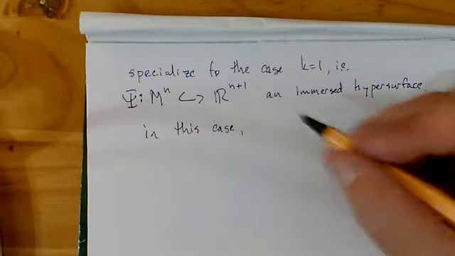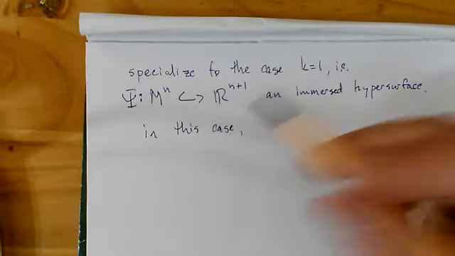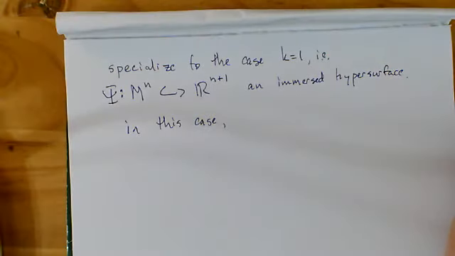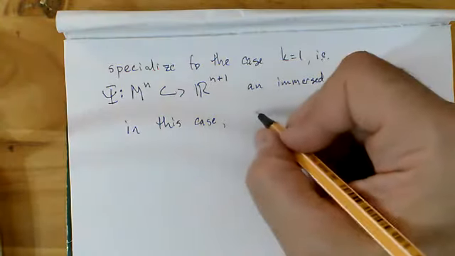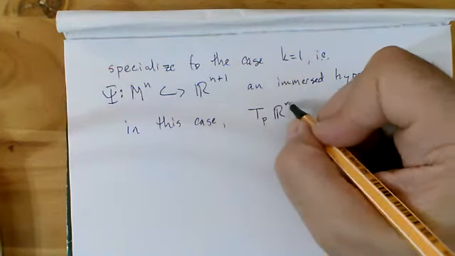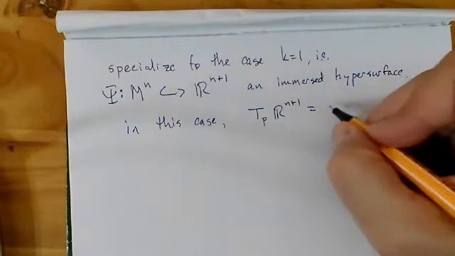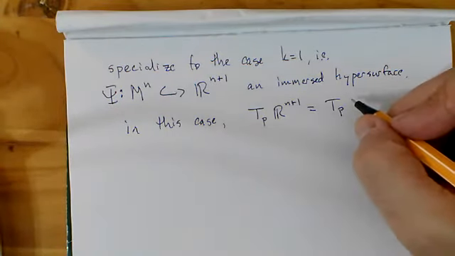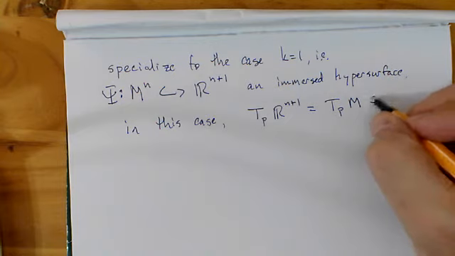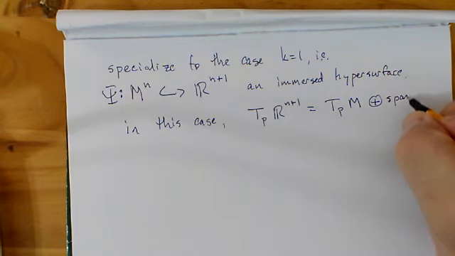And in this case where we have an immersed hypersurface, something where the codimension is equal to 1, we have that the tangent space at any point of R^(n+1) splits as the tangent space to my submanifold plus the span of one normal vector.